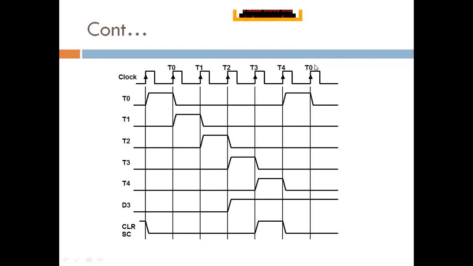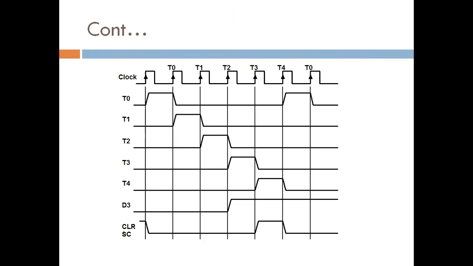See here, T0. Okay, so we are not going to consider every time that all the timing pulses from T0 to T15 are executed. Some instructions execute in 4 timing pulses, 5 timing pulses, 6 timing pulses.